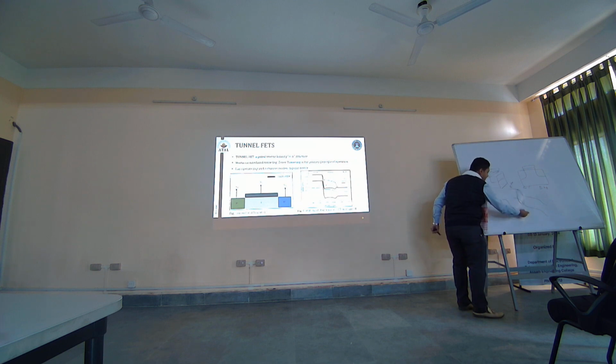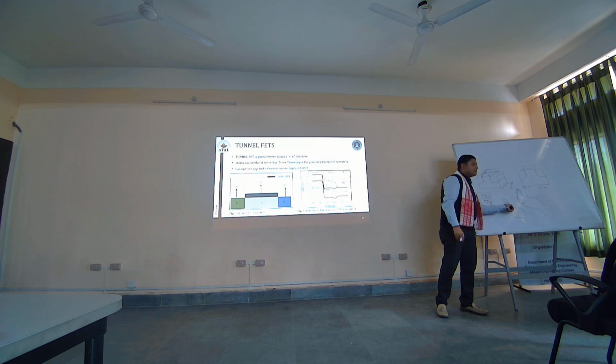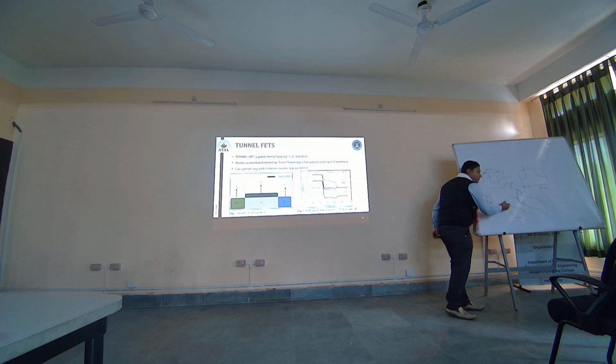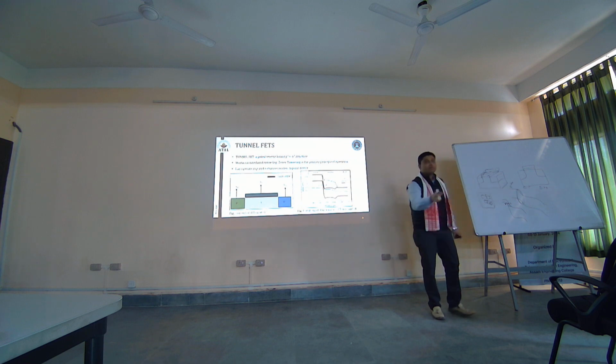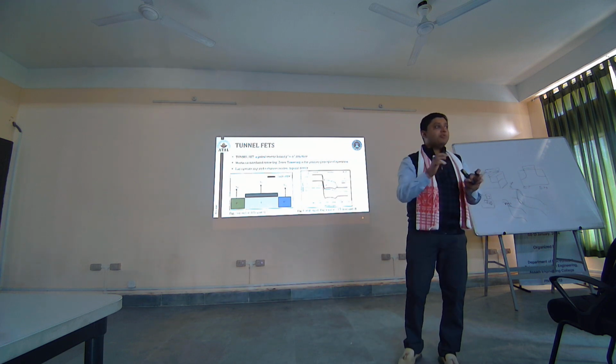Had it been like this, then you would have an overlap here. Now in the on state, you can create a condition something like this, and this is going to help carriers go from your source to your channel by the action of quantum mechanical tunneling. So that is the concept of operation of the device.